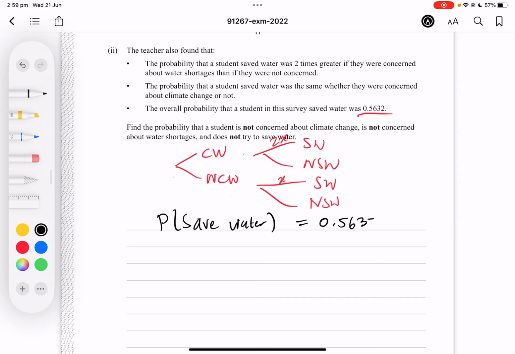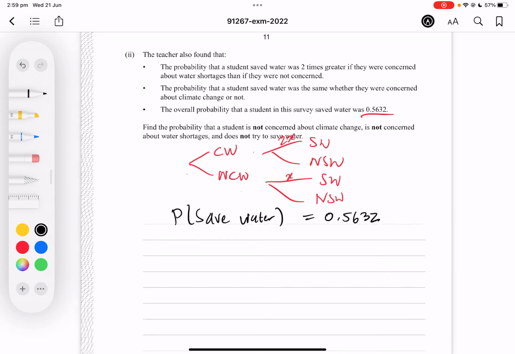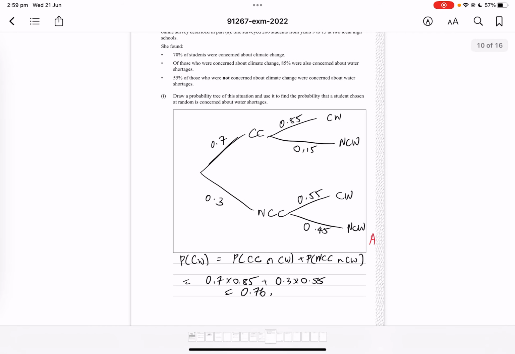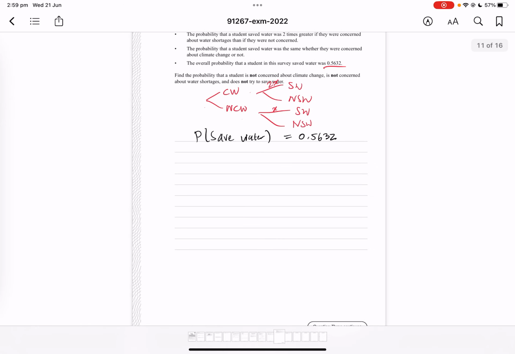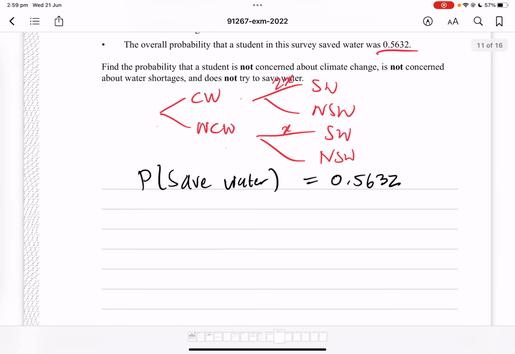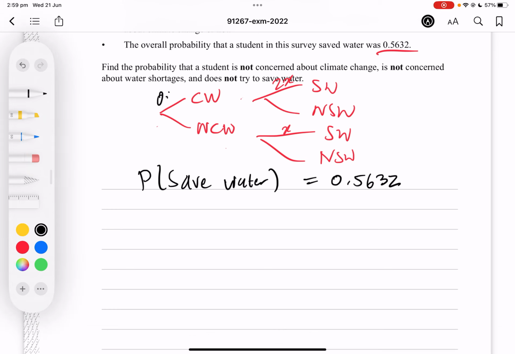Okay, and in the previous question, we calculated the probability that a randomly chosen student was concerned about water shortages is 0.76. So 0.5632, that is equal to 0.76.